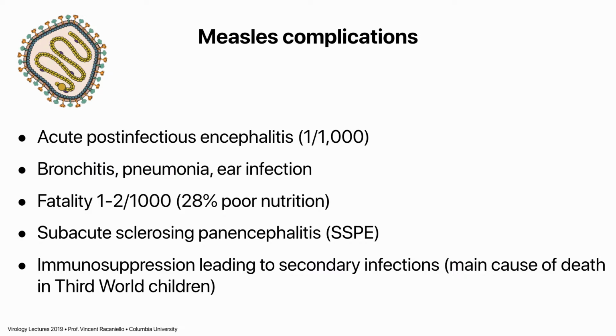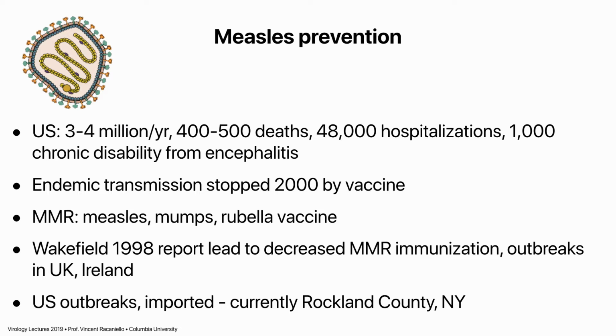These are kids who recover and then many years later develop a chronic degenerative neurological disease. And of course, this virus immunosuppresses. We talked about how it does that last time. It replicates in various immune cells, including APCs, and you get secondary infections, and that is the main cause of death in undernourished children, secondary infections.